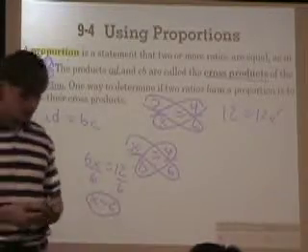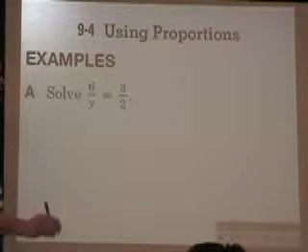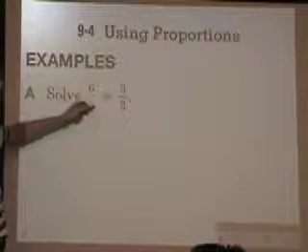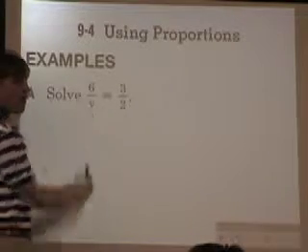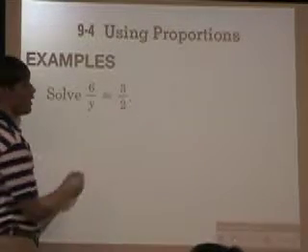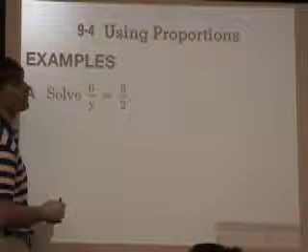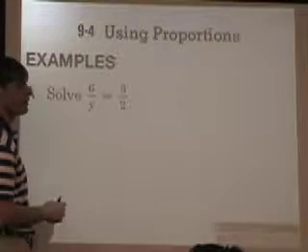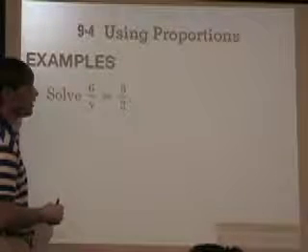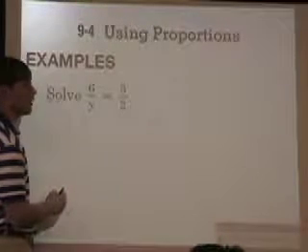Is that clear? Alright, so here they give us a proportion 6 over y equals 3 over 2. They want us to solve for what y will be. So we're going to do what, Maurice? What do I do? Say cross multiply.